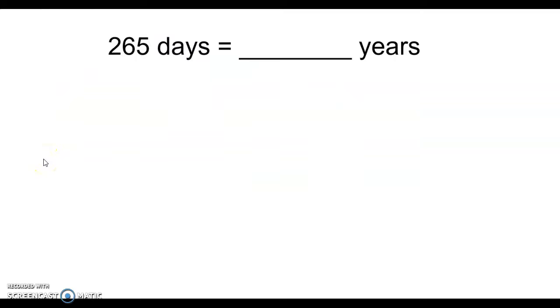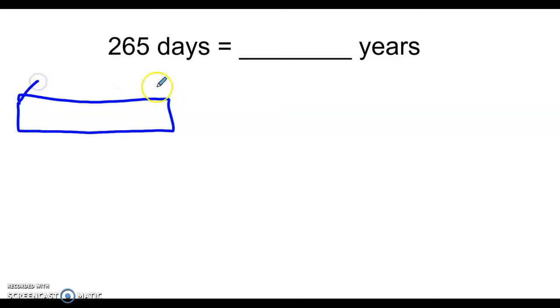Let's do 265 days. How many years is that? Wow, that's a lot. I could, over on this side, draw a picture of that. I know that in this model, in 1 year, there's really a total of 365 days.